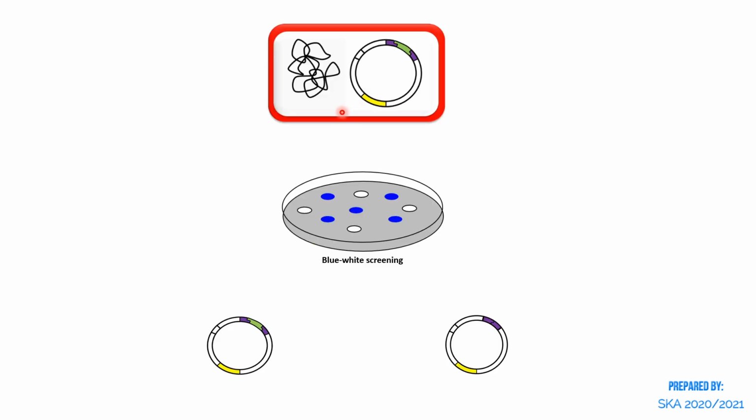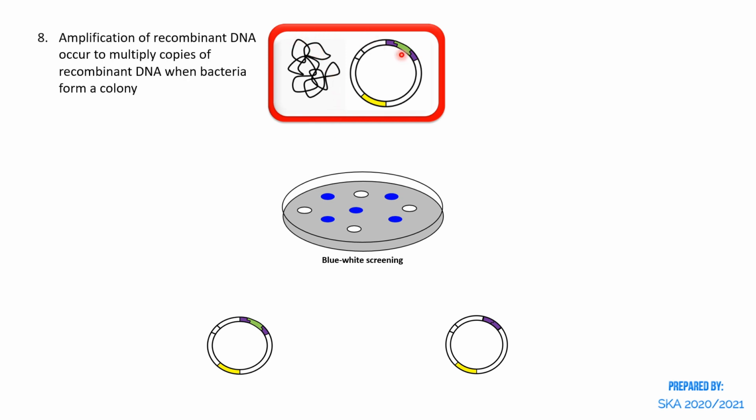Once the bacteria accept the recombinant DNA, we can call the bacteria recombinant bacteria or transformed bacteria. Then this transformed bacteria will be amplified, so the recombinant DNA also will be amplified. How? The bacteria will undergo amplification and form a colony.